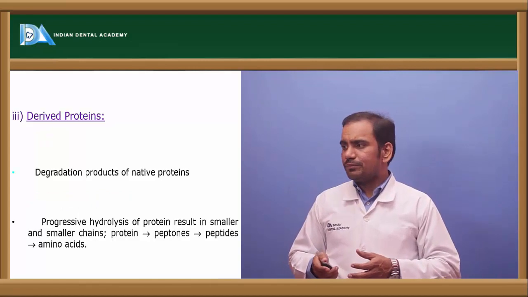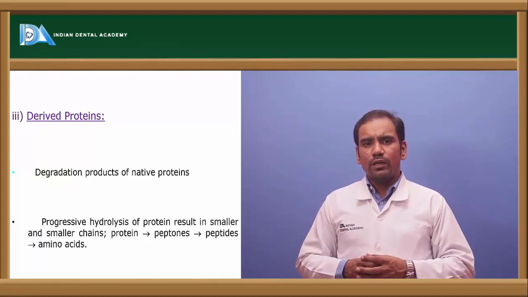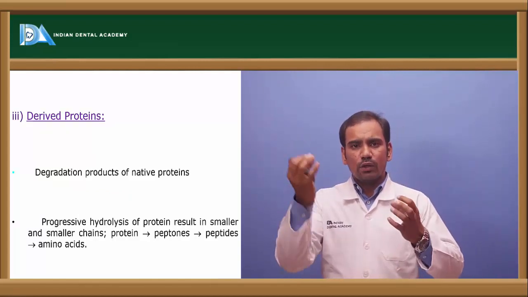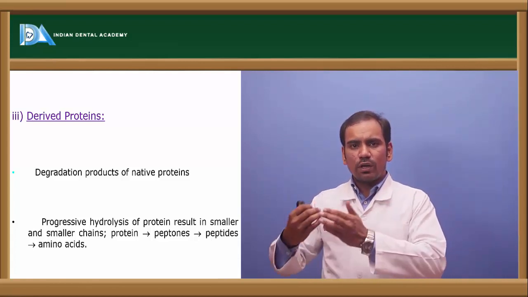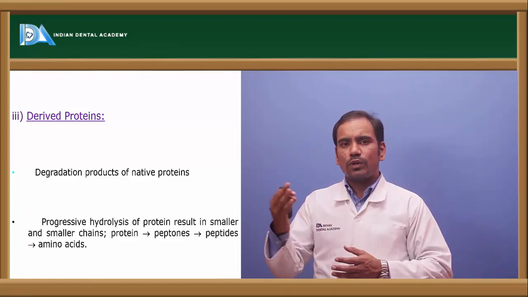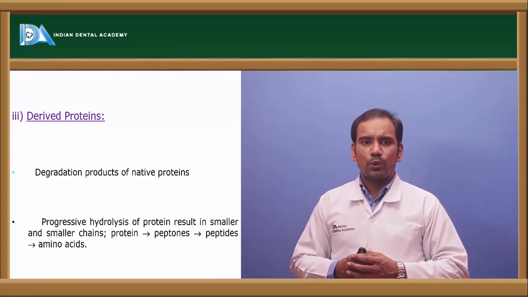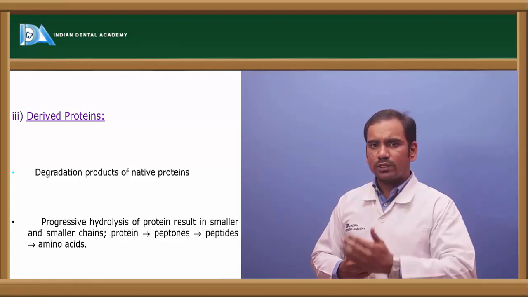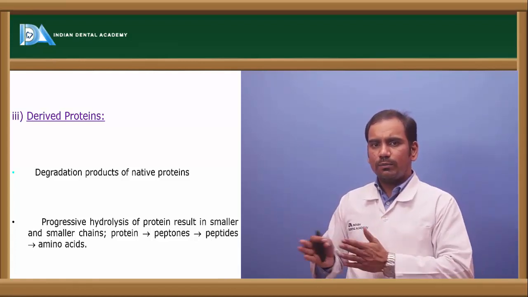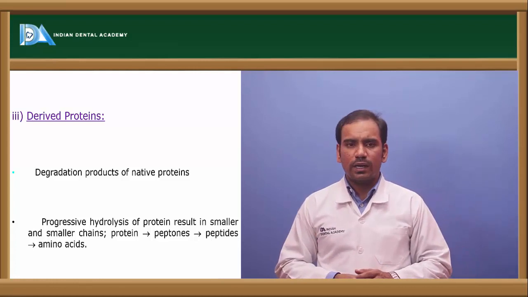Right? Coming to derived protein. So you take the simple proteins and conjugated proteins and you subject them to hydrolysis. So whatever the products you are getting, those proteins, we call them as derived proteins. So you take a native protein, original protein, and subject it to hydrolysis. You will get products. So those are the derived proteins.